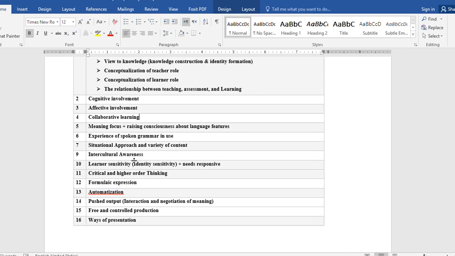And you seek support and feedback and assistance from others. The other one is interdependence. Interdependence means that you are able to cooperate and collaborate with others. So autonomy includes independence and interdependence.